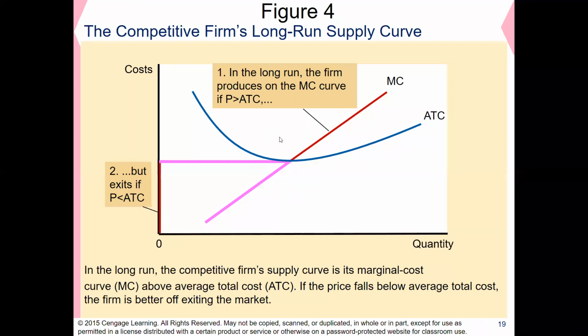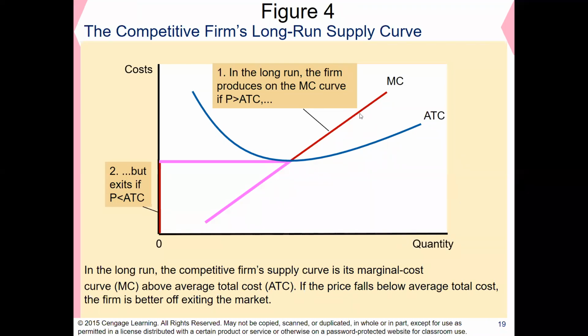So in the long run, the firm will produce on the marginal cost curve if P is more than average total cost. This is the price, and this is average total cost. The price should be above this. It should not fall below. So you should produce on this curve, above this line, where you're going to make a total revenue, where you're going to make a profit.